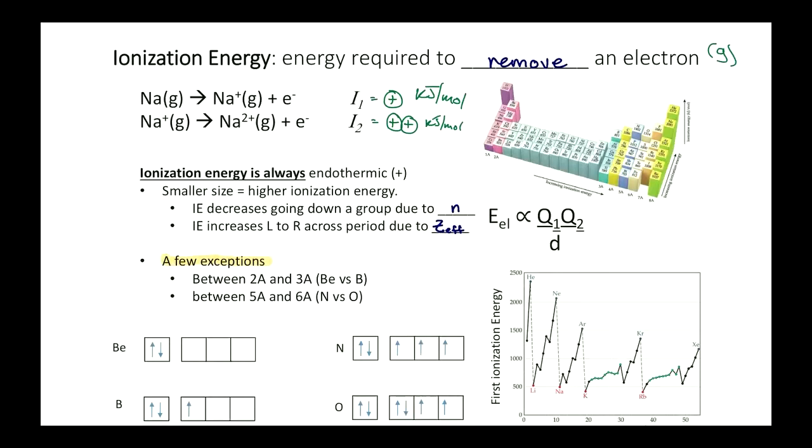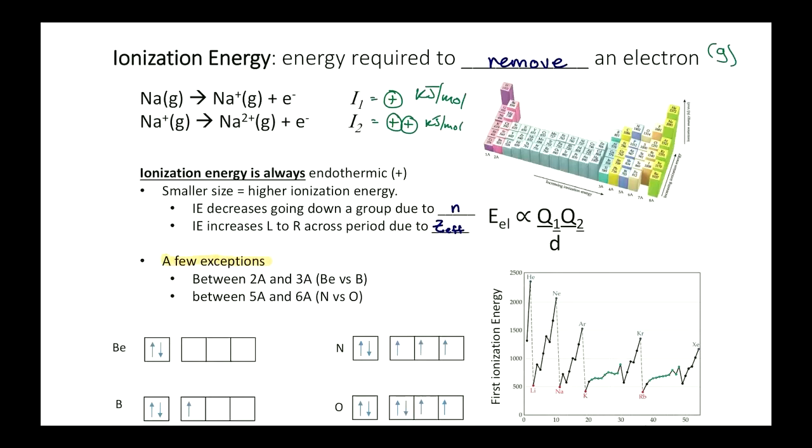If we have an atom and we have like an electron orbiting it, is it gonna be hard or easy to remove an electron if Z effective is a really large number? Is it easy or hard if that electron experiences a high Z effective? Meaning is it highly attracted to the nucleus? Yes, it's highly attracted. Is it going to be easy or hard to remove that electron? Hard, yeah. The more attracted the electron is to the nucleus, the harder it is to remove.